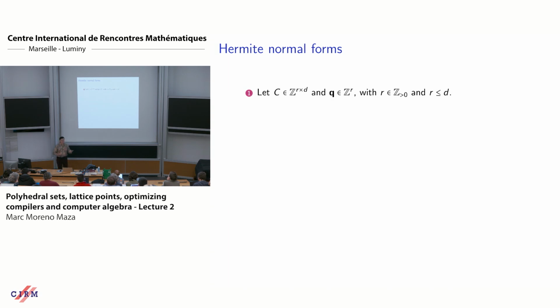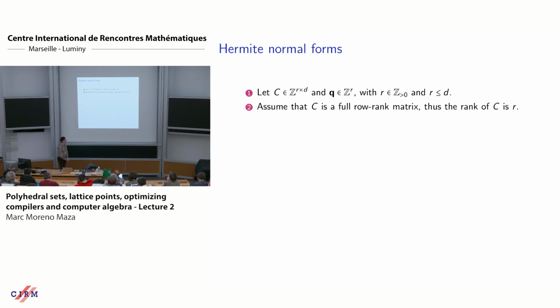And the tool behind all that, as we can guess, is Hermite normal form. So I will review that quickly. I believe that we are all familiar here with that. So starting with a matrix C with integer coefficients and a vector Q, my matrix has R rows and D columns.